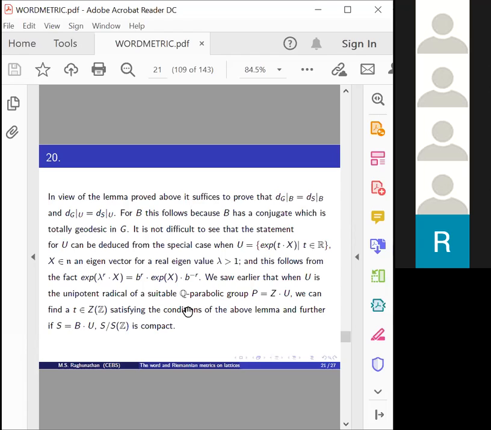Once again, it's not difficult to see this. I will not go through the proof. It's a little technical, but you can work it out quite easily. The point is that any element which does not correspond to one of these, because I'm assuming U is generated by these eigenvectors, you can see that any element in U, if it's not an eigenvector, is a product of these elements coming from these one parameter groups of good eigenvectors times commutators among them.